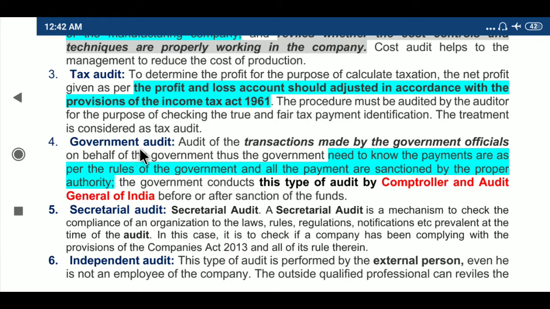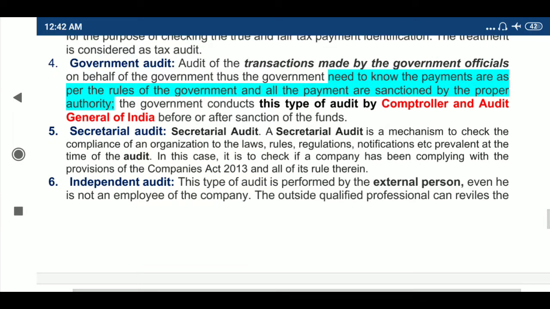Next, fourth one, government audit. Audit of the transactions made by the government officials on behalf of the government.